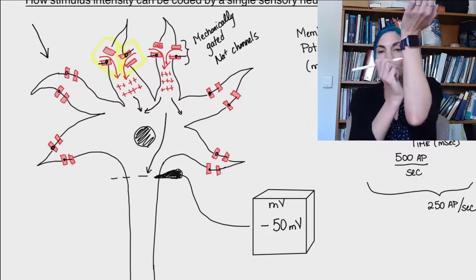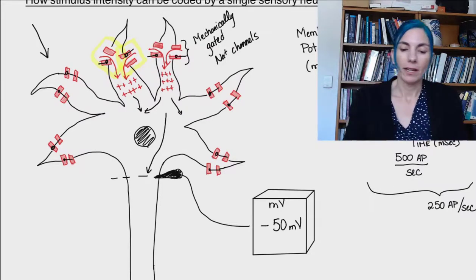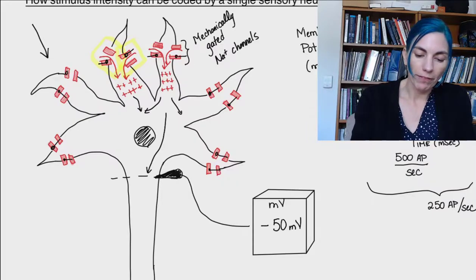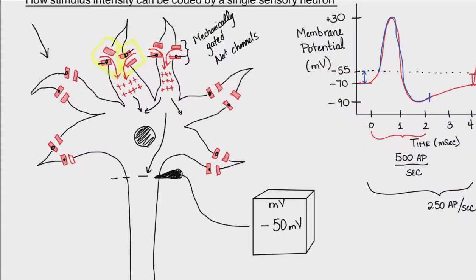Well, now I'm going to push even harder. And that's basically going to open all of these up. And so that's going to allow a whole bunch of sodium in. And now I'm going to have lots and lots of depolarization from all of that spatial summation.